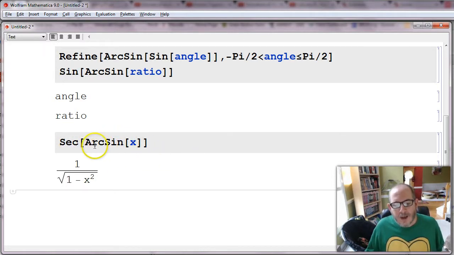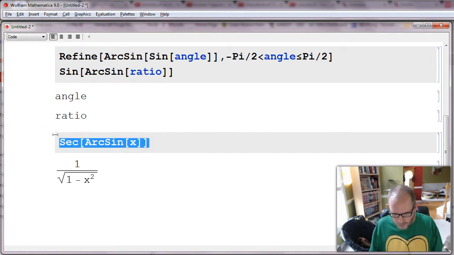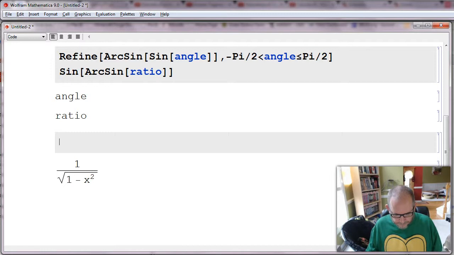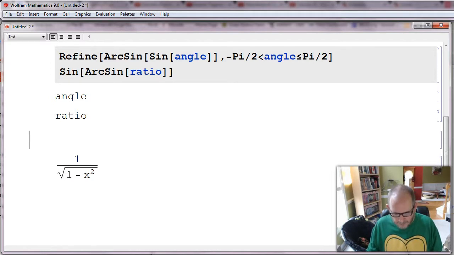So what do we have? How do we get this? Well, what I want to do is go back to one of the many Pythagorean identities. So let's go back to this.